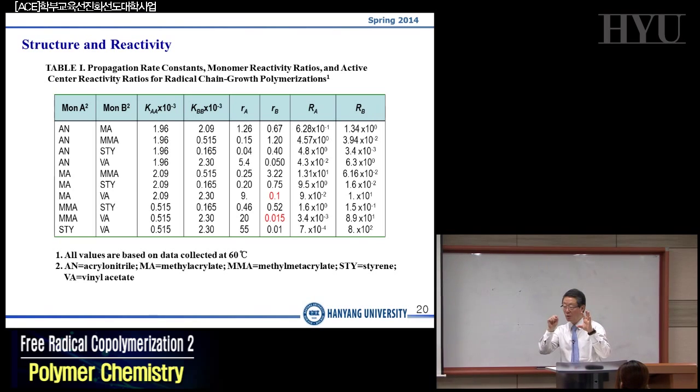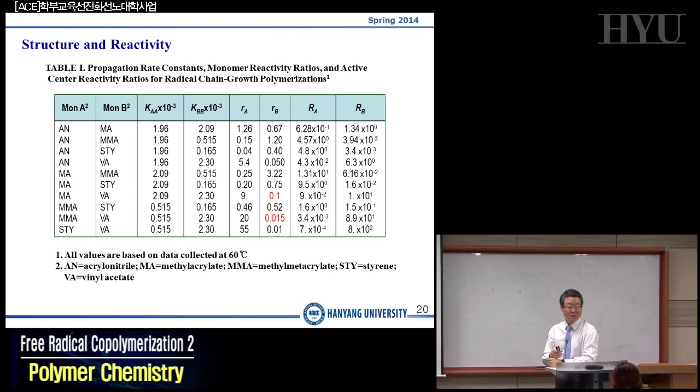If you change the second monomer, then everything changes. What happened? In other words, the monomer reactivity ratio is not a fixed value and changes when you change your monomer system, A and B. So if you change B, then everything changes.